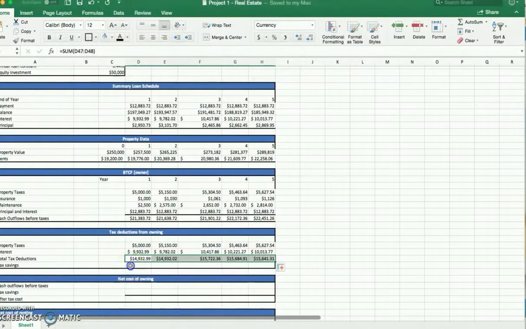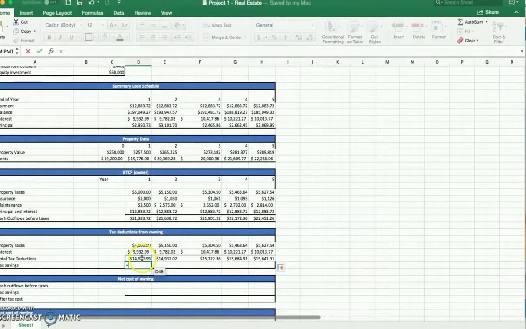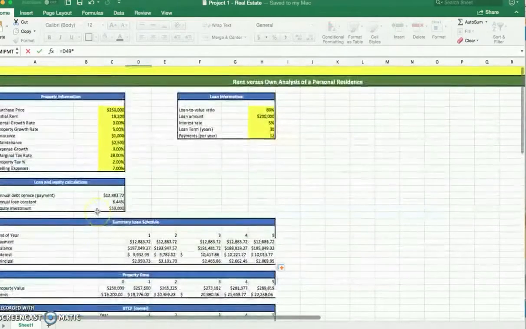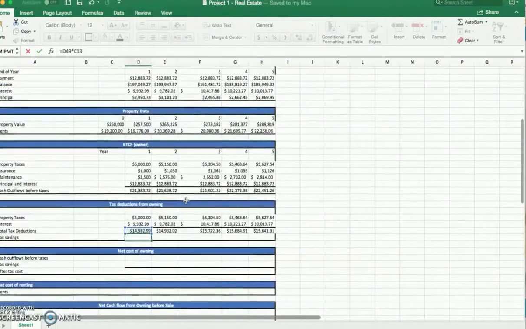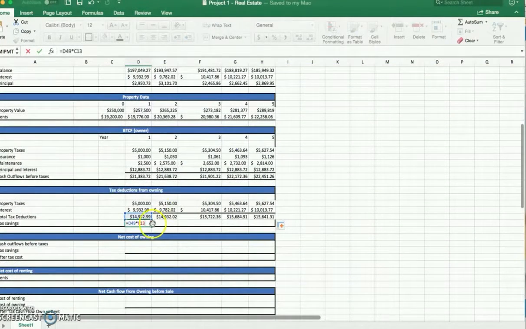And then tax savings will be the total tax deductions times this marginal tax rate. If I lock this, I'll be able to drag it across.